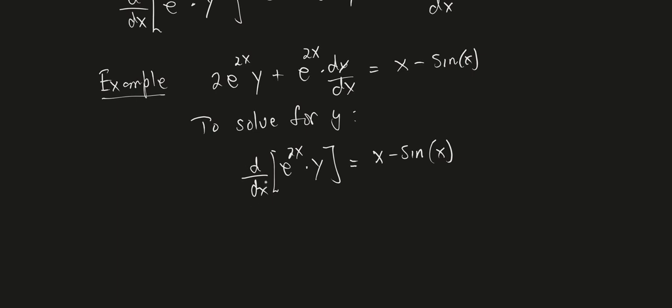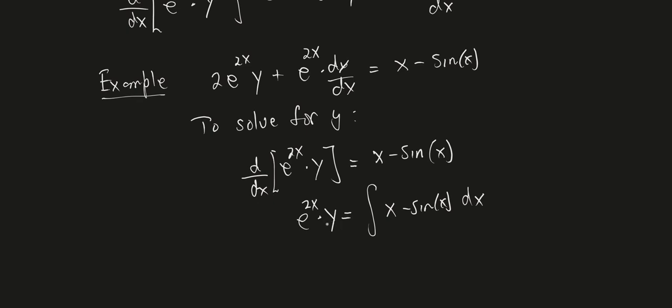But I know how to get rid of a derivative. It's an antiderivative. So I'd have to take the antiderivative of both sides with respect to x. So it looks like this.